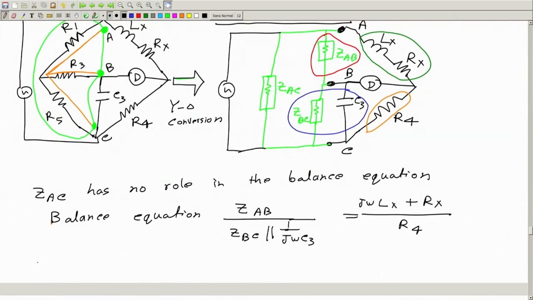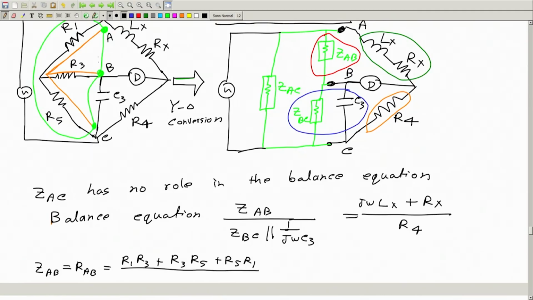Say this ZAB, or you can call it RAB, will be the same as the sum of these products R1 R3, R3 R5, R5 R1, divided by the opposite arm. This is the formula for star to delta conversion.